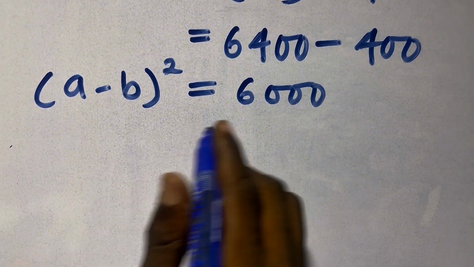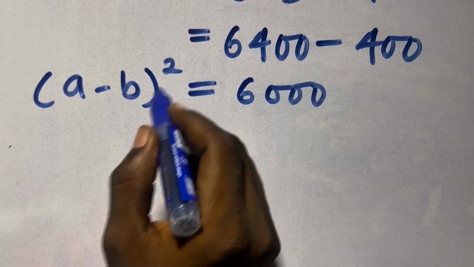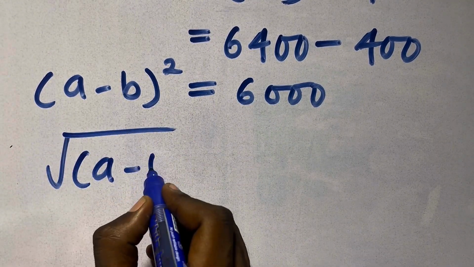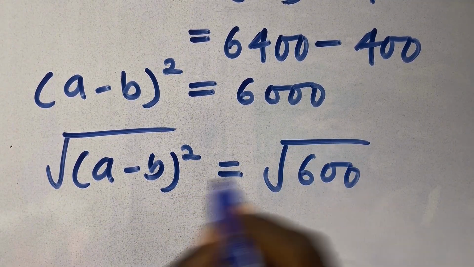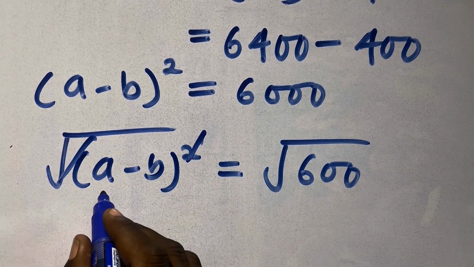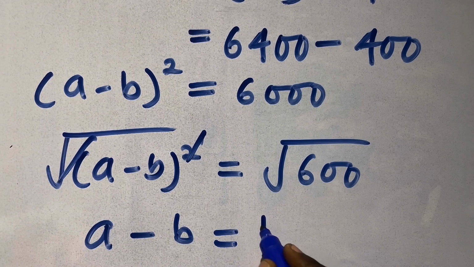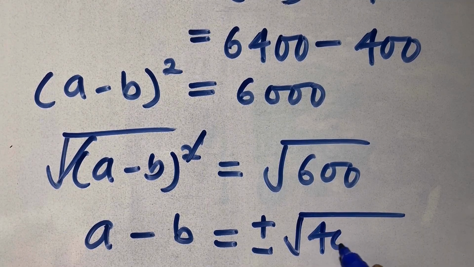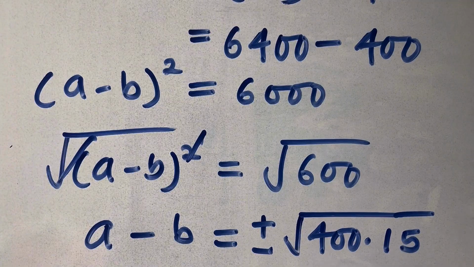From here we want to cancel this square, so we have to take the square root of both sides. If we take the square root of both sides, we have a minus b equals plus or minus square root of 6,000. If you simplify this, we are going to have 400 multiplied by 15.